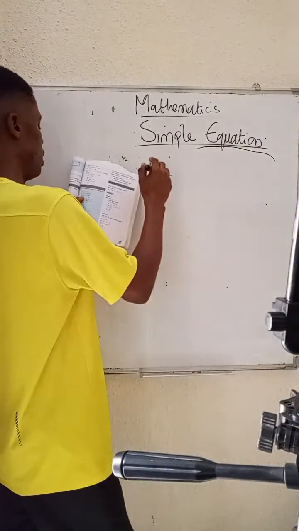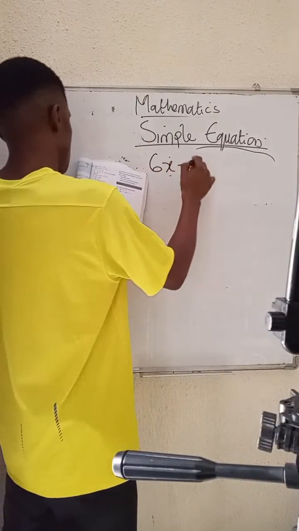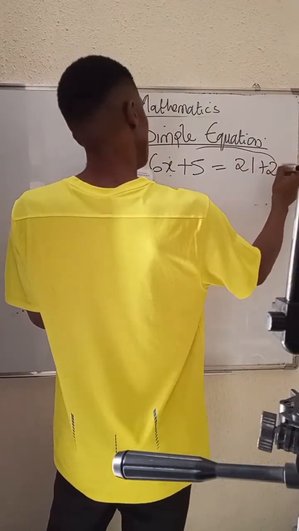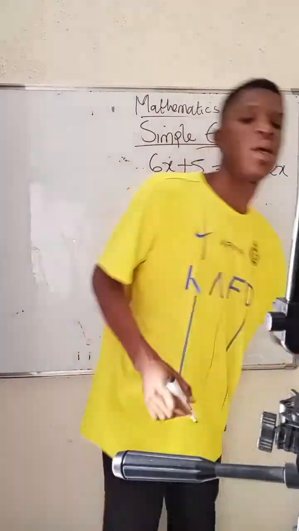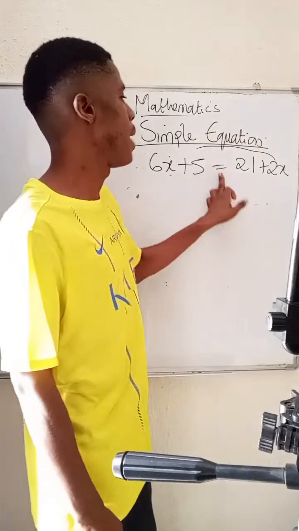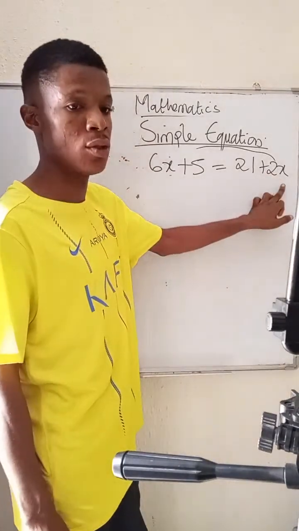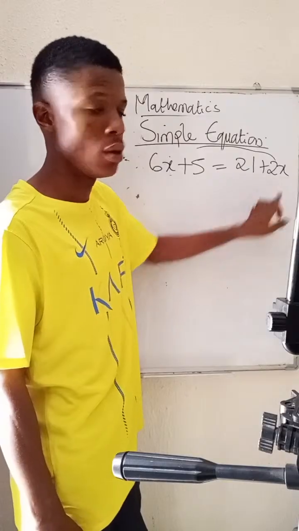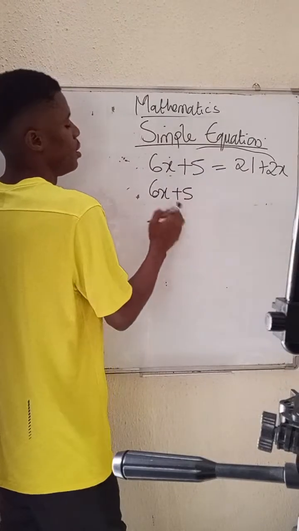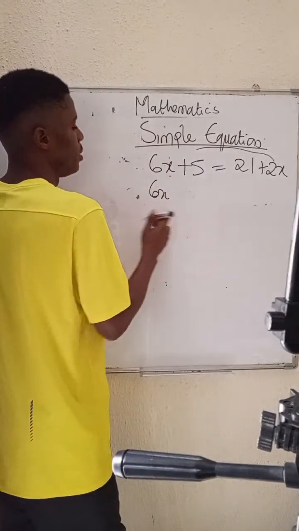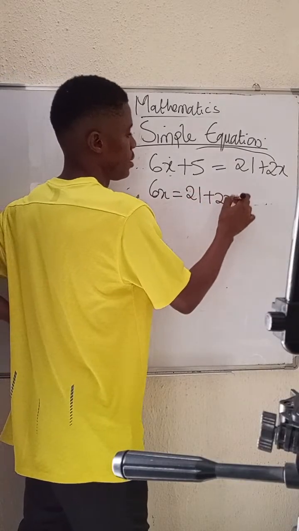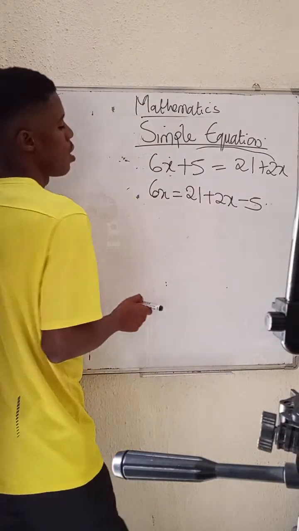Okay, let's look at this one again. We have 6x plus 5 is equal to 21 plus 2x. Wow, another one again. So to solve 6x plus 5 equal to 21 plus 2x, do you know what we'll do? All you need to do is have 6x plus 5 crossing the equality, is equal to 21 plus 2x minus 5.